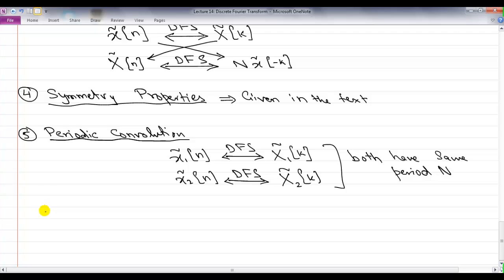Okay, so periodic convolution, let's call that sequence x3 tilde of n.